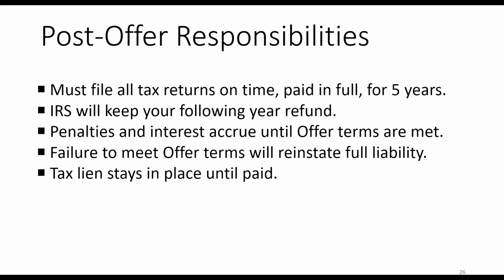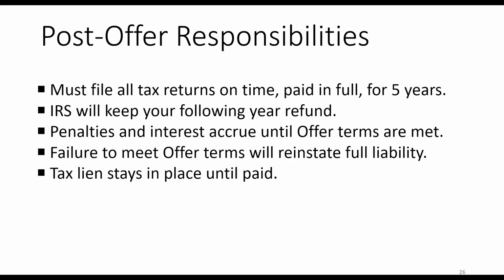The IRS will keep the following year refund. So here we're filing now, and they will keep the refund for next year, the 2017 refund. Penalties and interest still accrue, but once the offer terms are met, then all of that just falls off like the rest of the debt. Failure to meet the offer terms will reinstate the full liability.